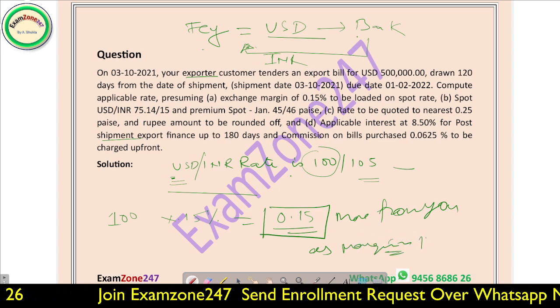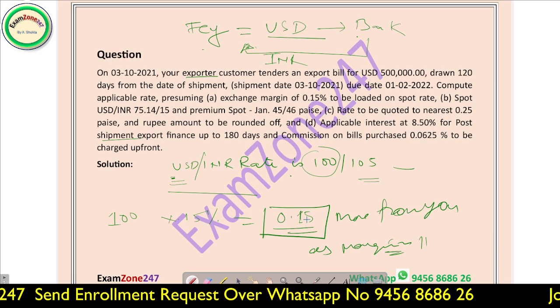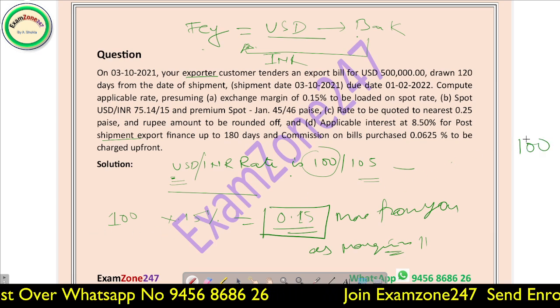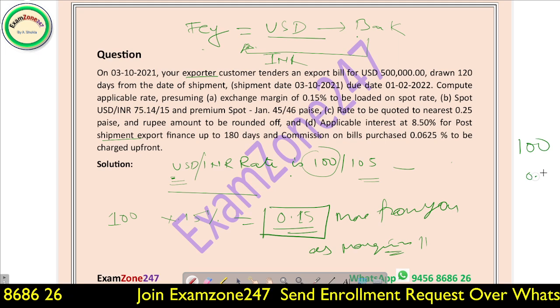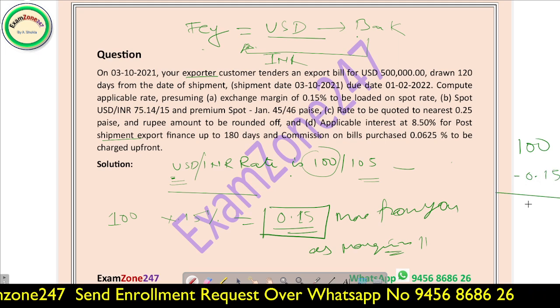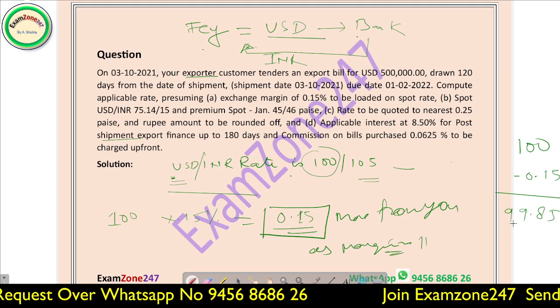Means it is also the bank's earning. When the bank will be paying 100 rupees to you as per rate, the bank will give less. In this case, it will be 99.85 rate.